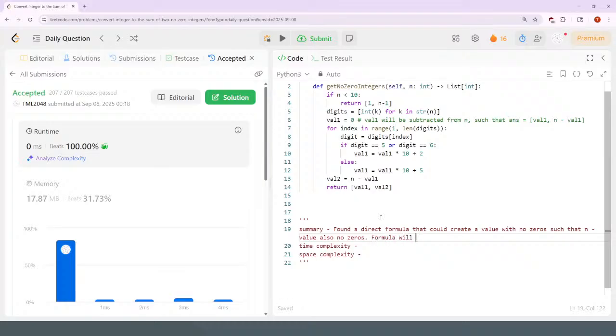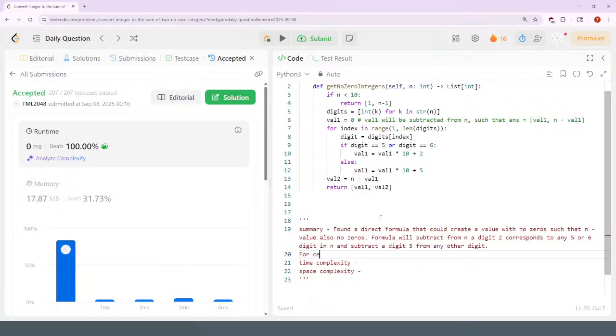The formula will subtract from n a number where digit 2 corresponds to any 5 or 6 digit in n, and subtract a 5 from any other digit.